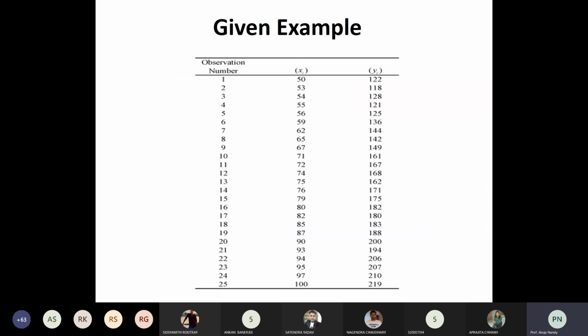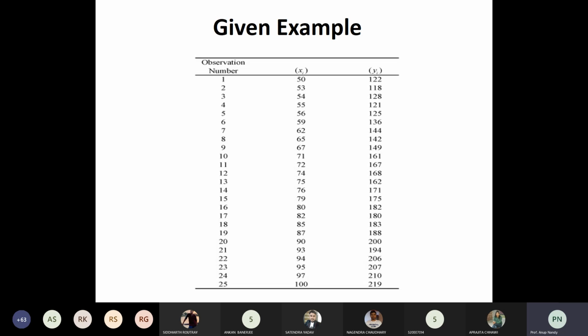Okay. So now suppose this type of problem will be given to you. Suppose you have some observations, for i equal to 1 to n, where n is 25. For each sample, x's and y's are given. xi is the input, yi is the output.